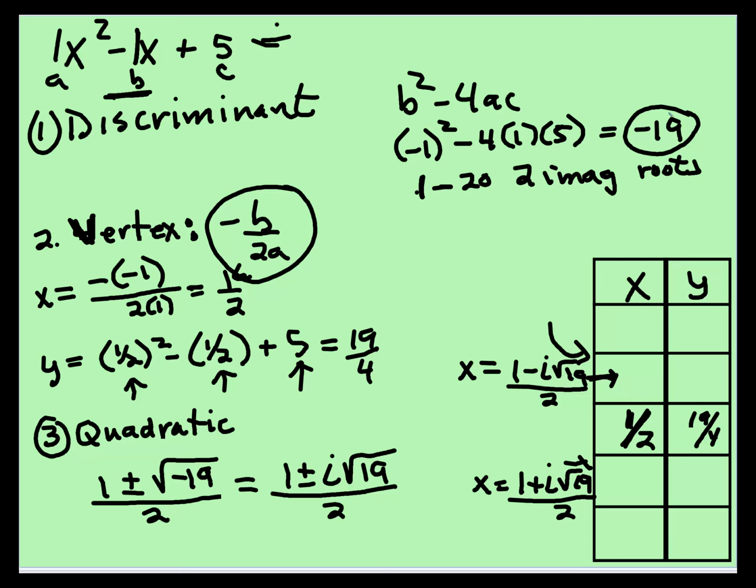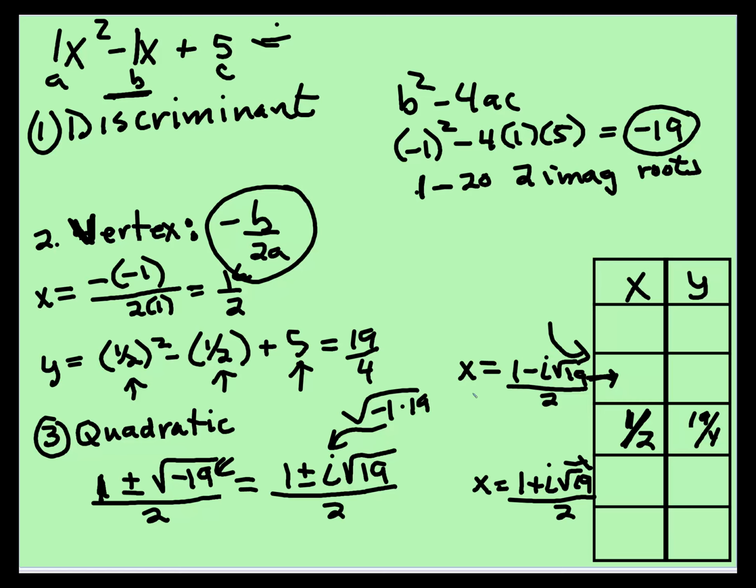Remember when I said in class that when it was a negative root, all you had to do is solve the quadratic formula, which is right down here, the opposite of negative 1 is 1, plus or minus, remember negative 19 goes right there. And the only thing that can change from this is we can rewrite the square root as the square root of negative 1 times positive 19, and the square root of negative 1 is i.